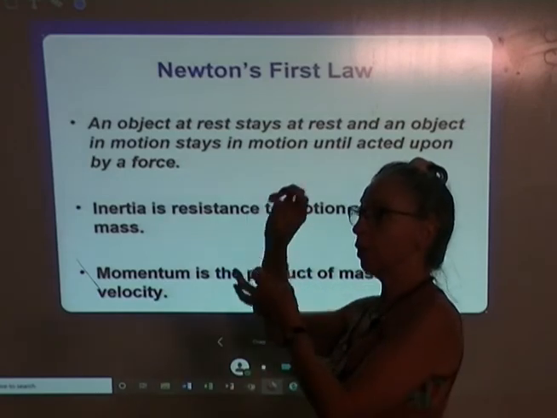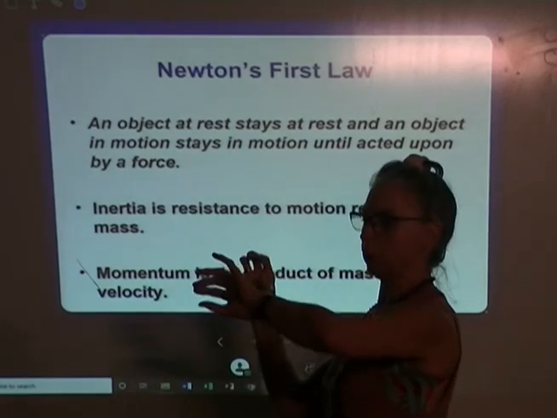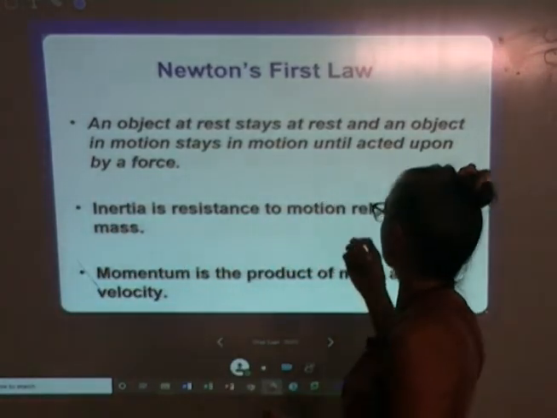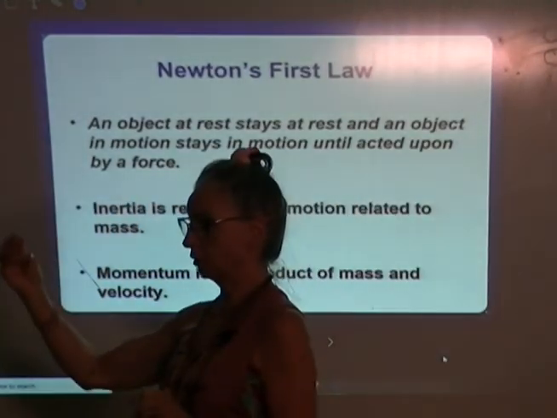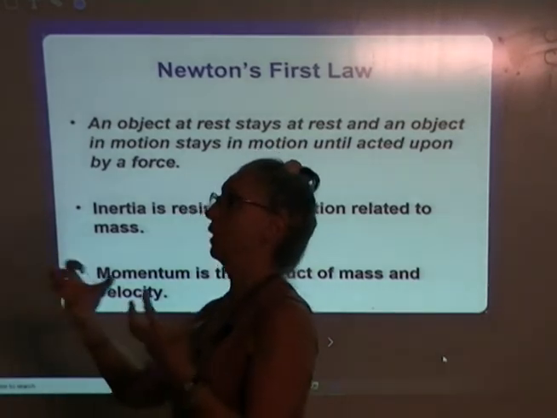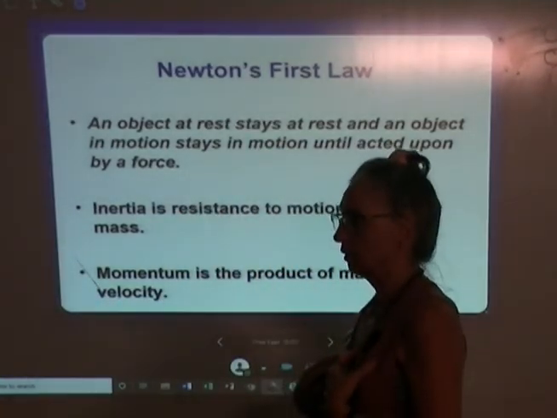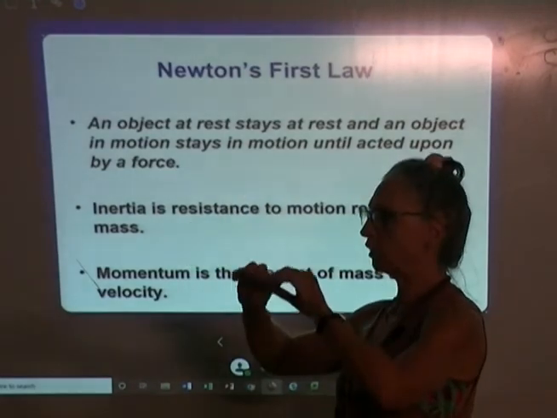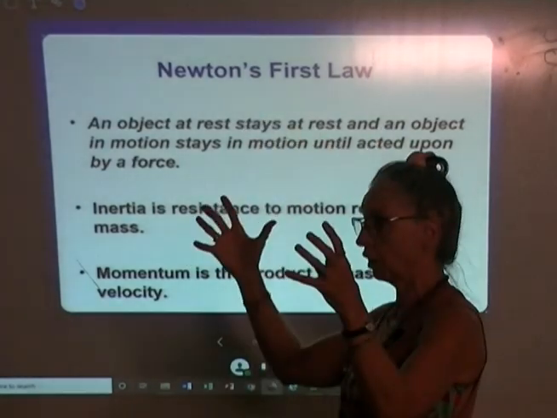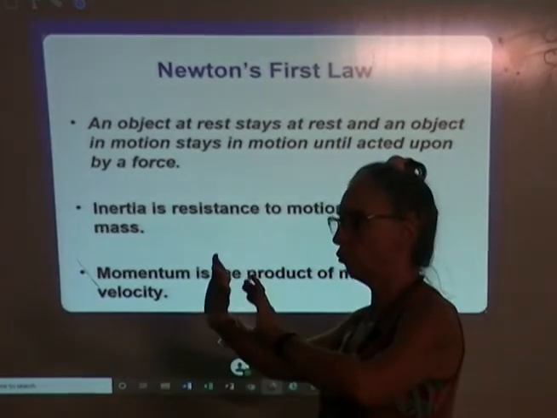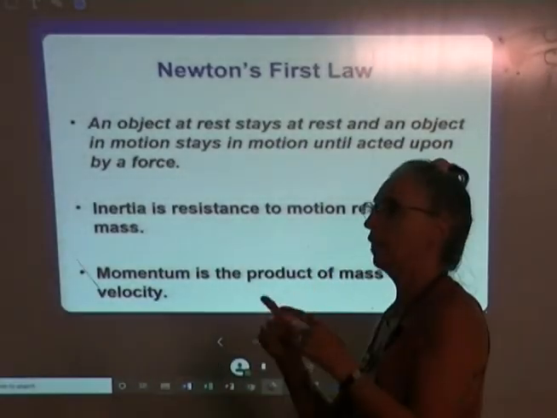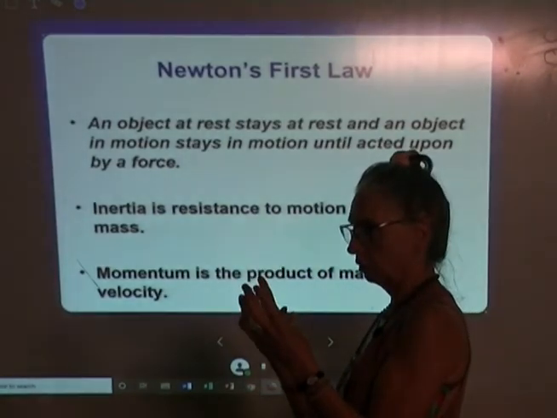And one of the terms that's connected with that is the term inertia. Inertia is the resistance to motion that's related to your mass. So an object with lots of inertia is harder to move and harder to stop than someone with less inertia.